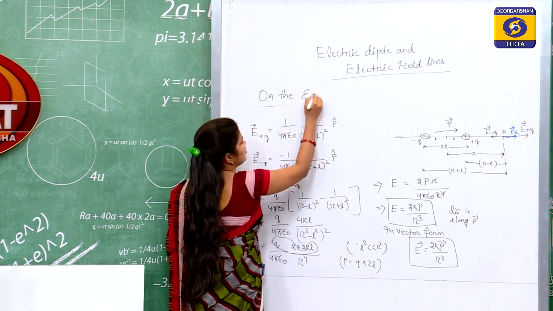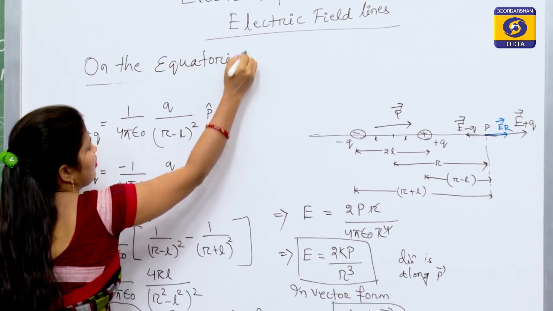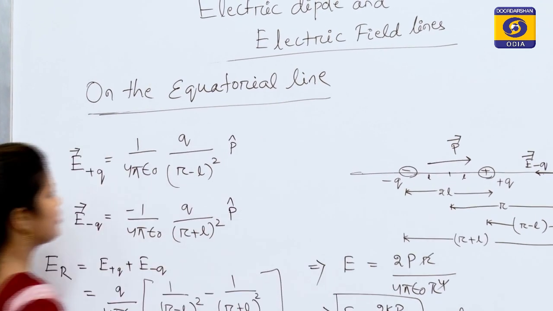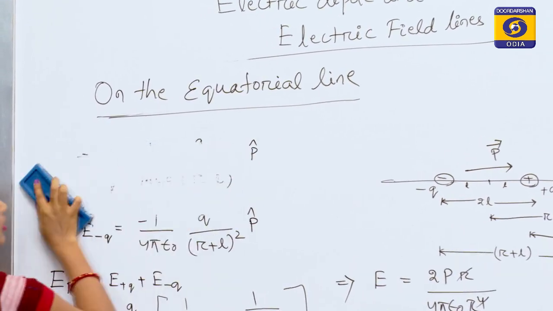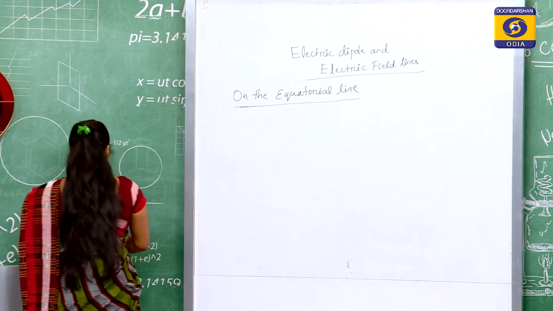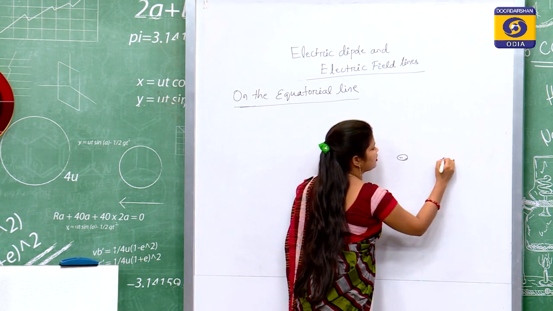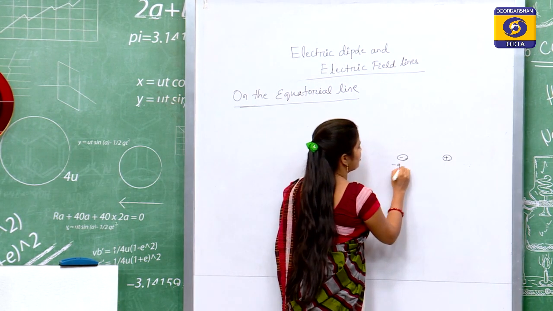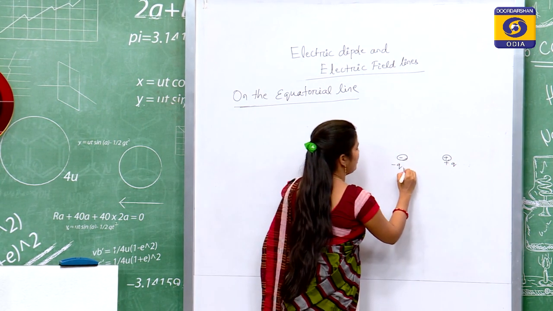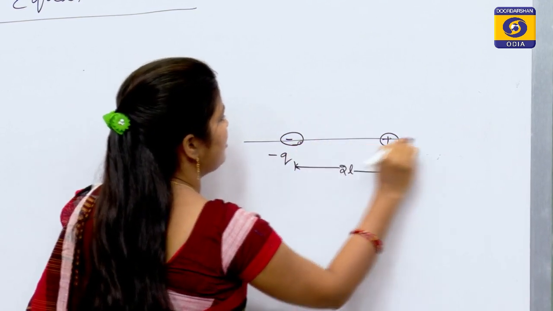On the equatorial line, see, 2 point charges minus q and plus q are separated by distance 2L, and this is the dipole axis.